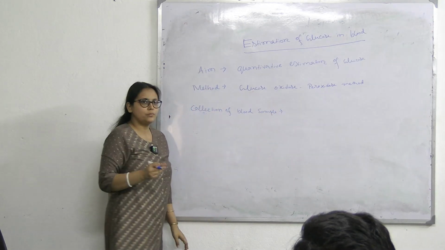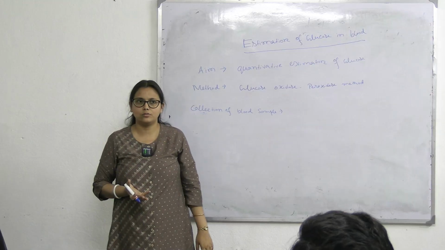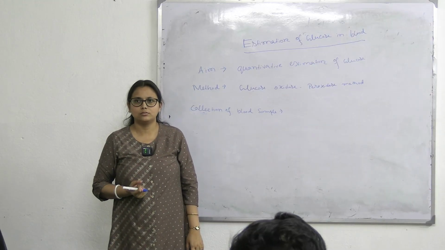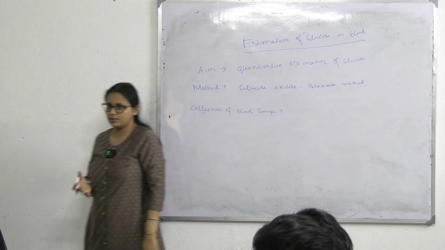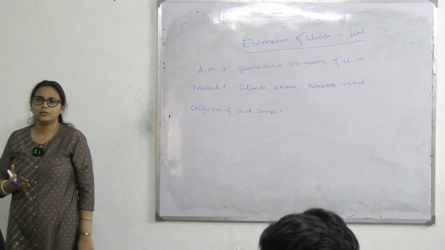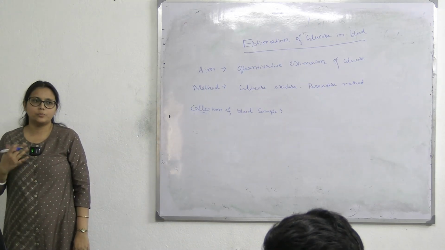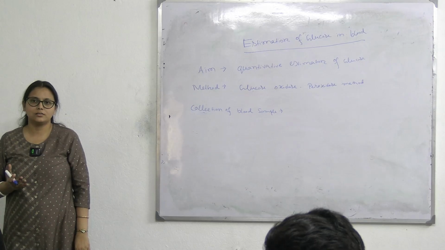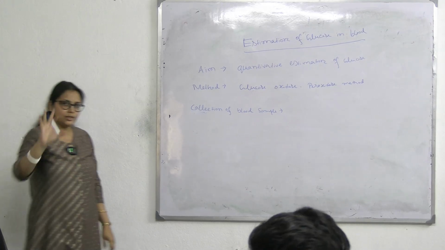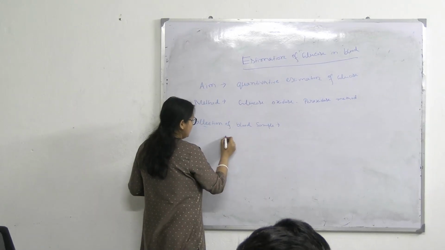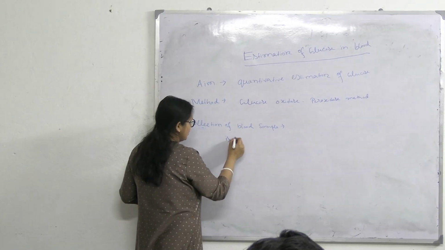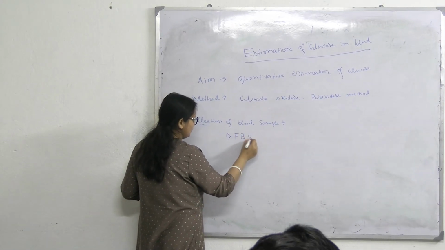What are the types of blood sample for estimation of blood glucose? That means fasting and postprandial, and another is random. Three types of sample can come in our laboratory. Number one is fasting blood sugar.